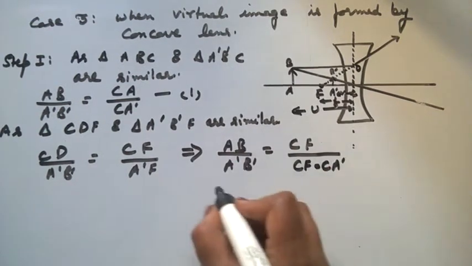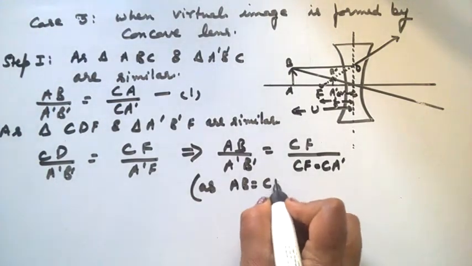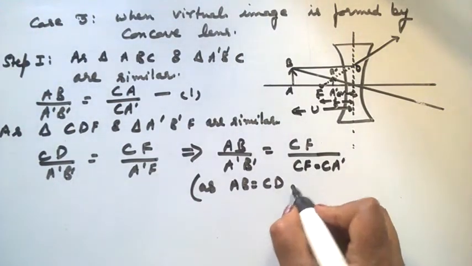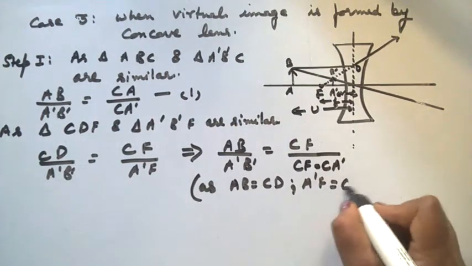As AB is equal to CD and A dash F is equal to CF minus CA dash.